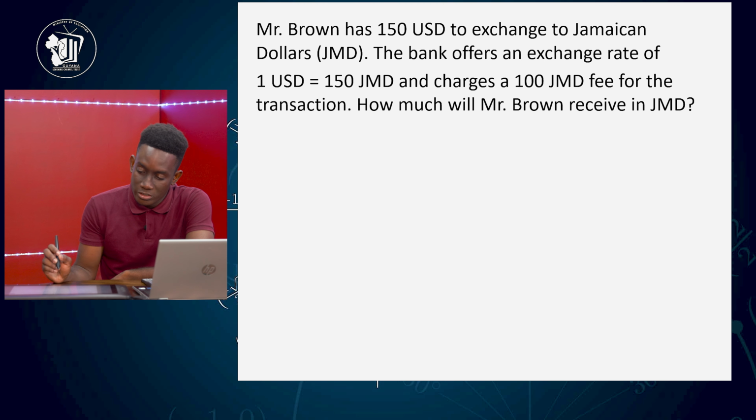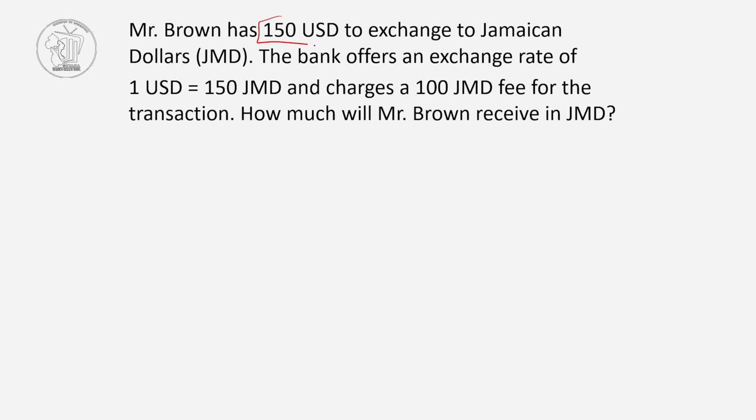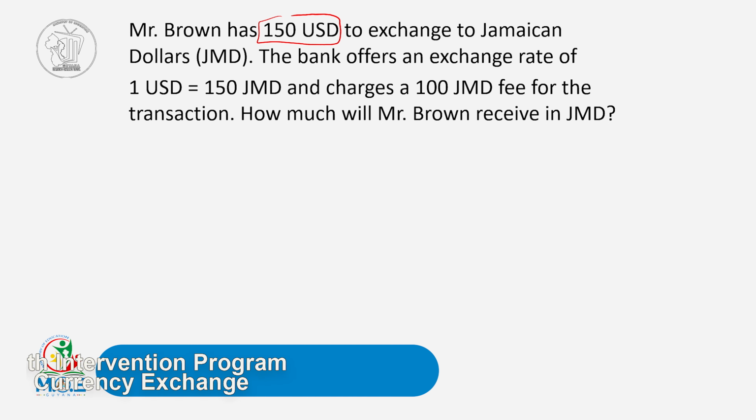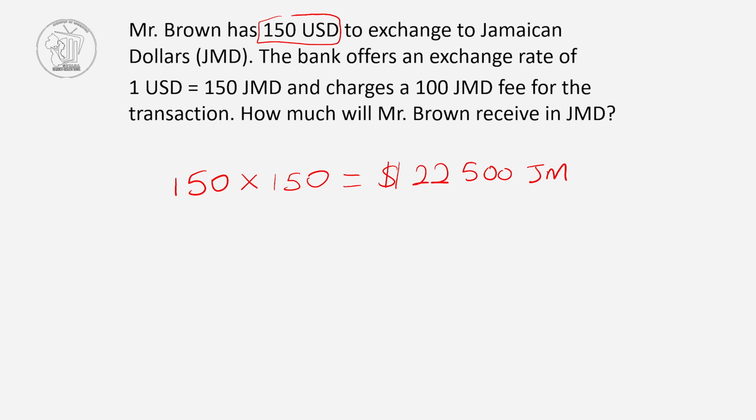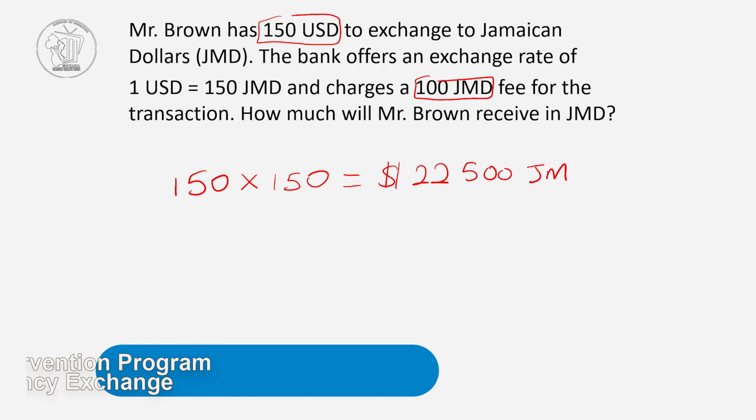So let's first convert. So we have 150 US. We want to convert it to Jamaican dollars. So this would be 150 multiplied by the 150, which would give us 22,500 Jamaican dollars. And then Mr. Brown will not receive all of this money because we see that he is charged 100 Jamaican dollars for this transaction.